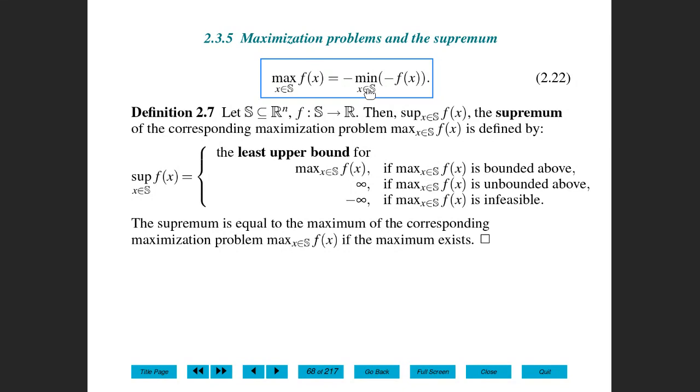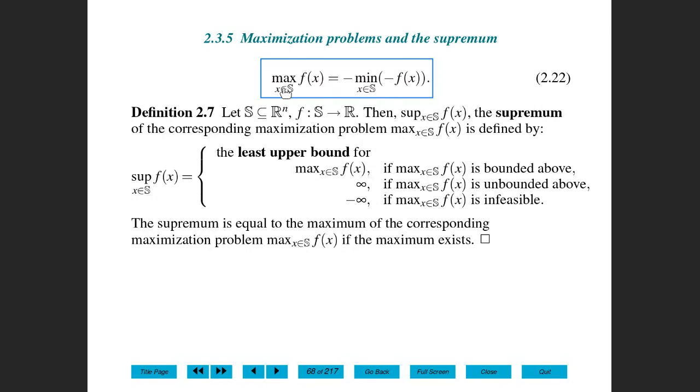How to get from the minimum to the maximum is very simple. This equality is telling us that if we have a function, we just take the negative of the function and apply the minimization problem. So we consider the negative of the function as a minimization problem, and at the end of the day, we again take the negative of the minimum. So this is just like taking the maximum.